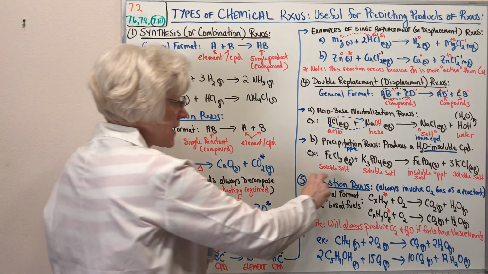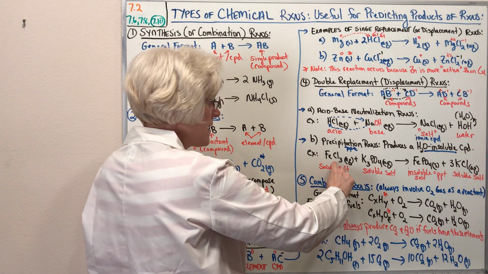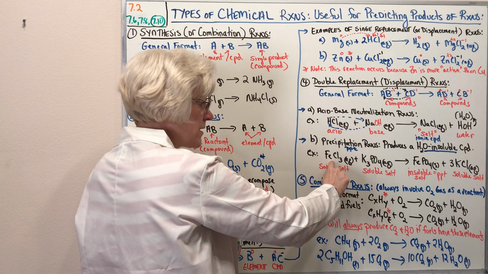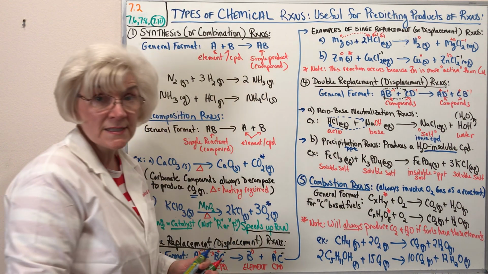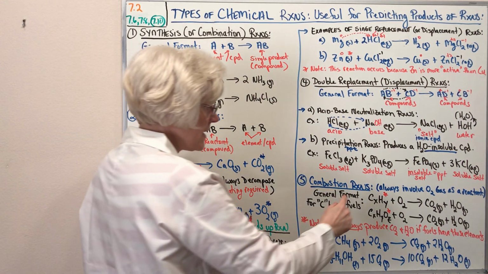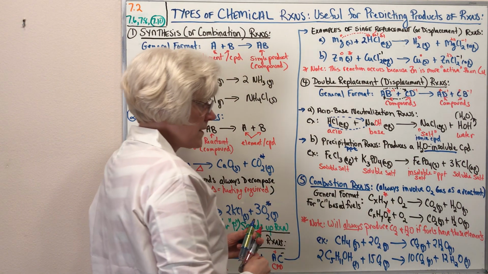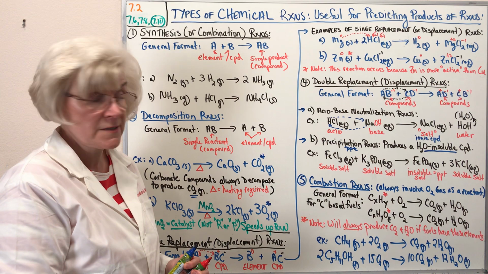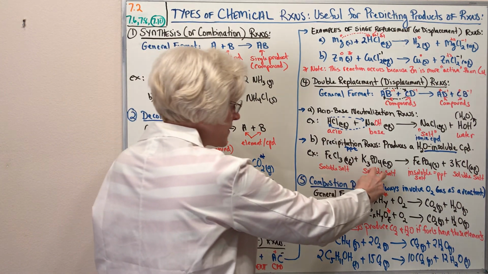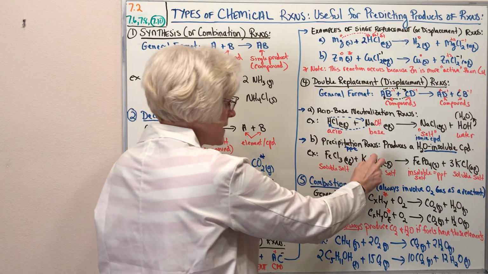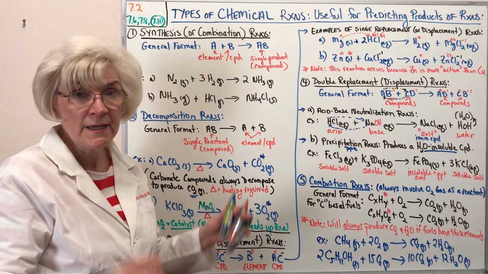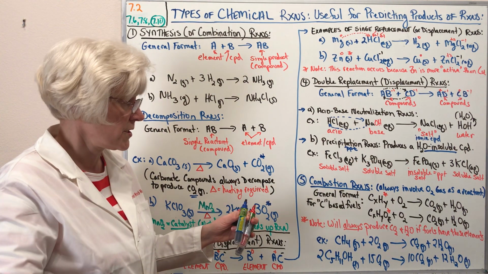So the example that I'm using here is a solution which contains iron 3 chloride, and you mix that solution with a second solution containing the salt, the ionic compound potassium phosphate. So two different salts, they're soluble in water, iron 3 chloride and potassium phosphate, each in separate water solutions.